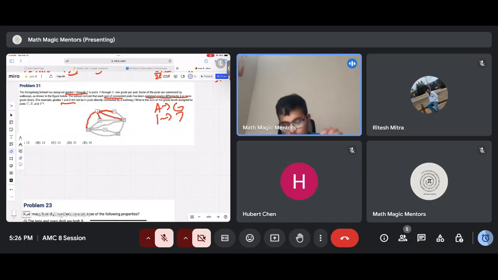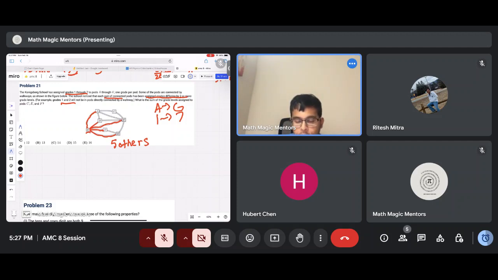So pod A is connected to four other pods. So let's see what that means for pod C. Pod C has one connection here, one here, one connection to pod F, one connection to pod D here, and one connection to pod E here. So pod C is connected to five other pods.